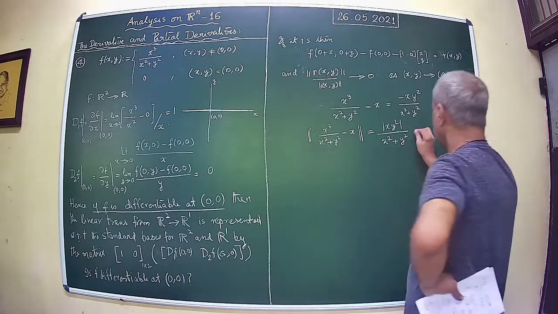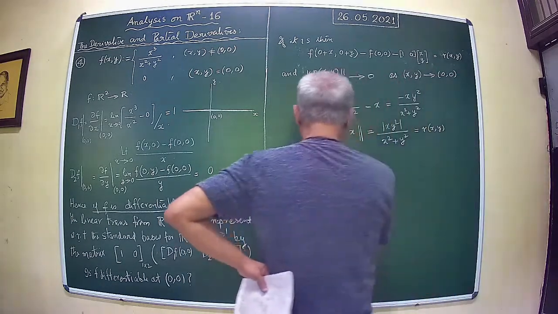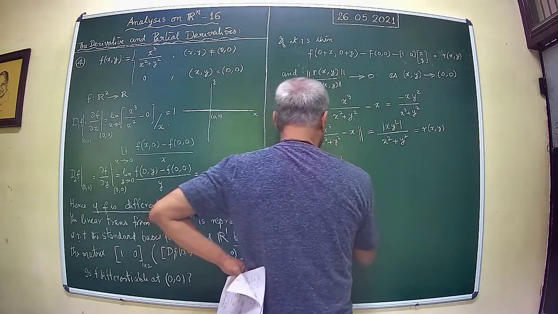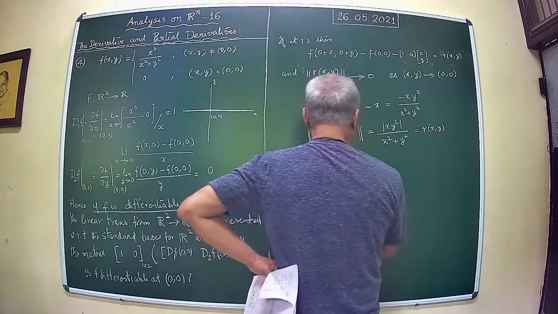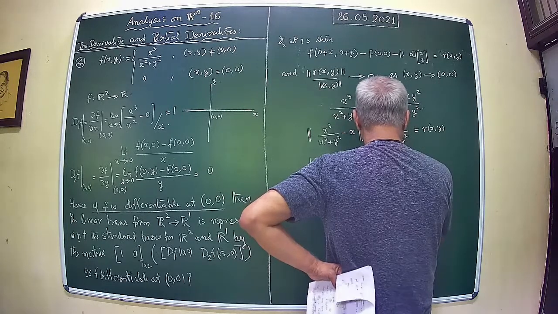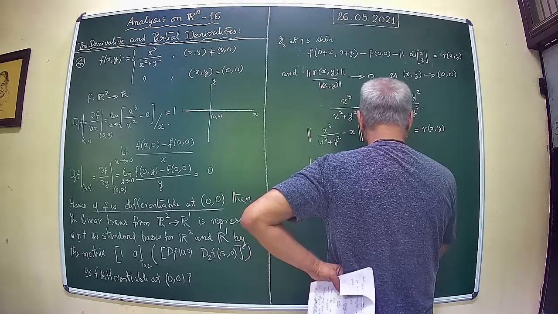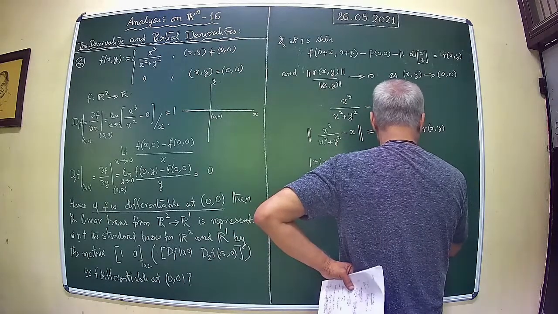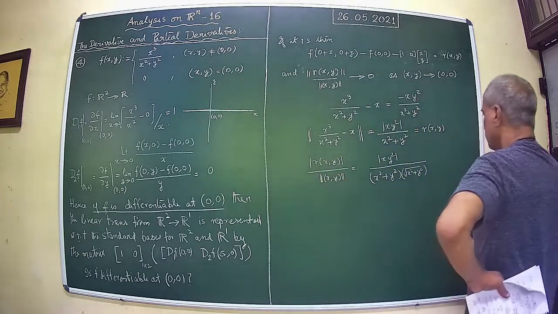Now this is your R(x, y). Now what we need is mod R(x, y) divided by the norm of (x, y), this is the Euclidean norm. That is equal to mod x y square divided by (x square plus y square) to the power three halves.